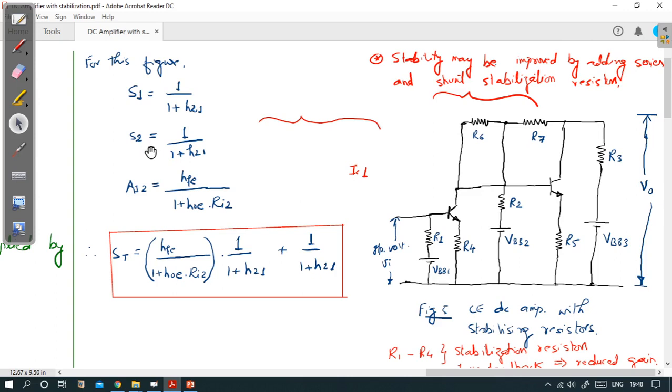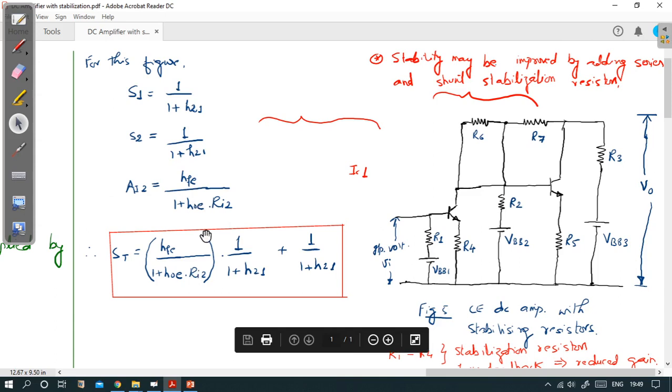And S2 will again be 1 by 1 plus H21 for the second stage, and AI2, the current gain of the second stage, is given by HFE by 1 plus HOE into RI2, where HFE and HOE are the H parameters coming from the H parameter equations, and RI2 is the input impedance of the second stage.